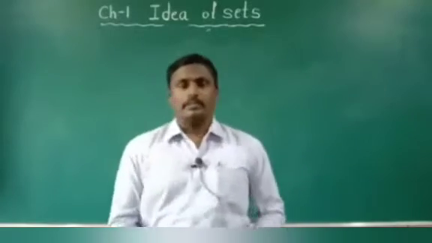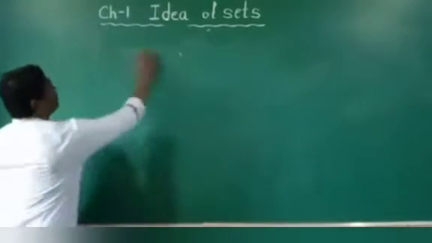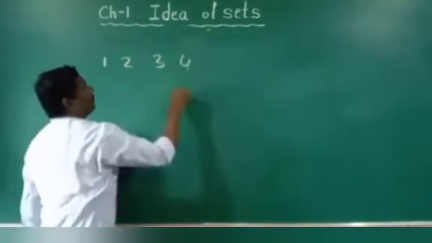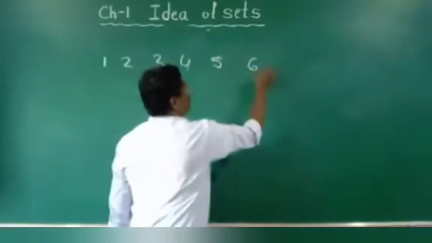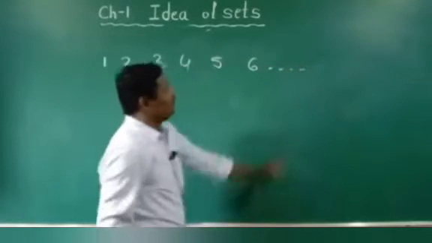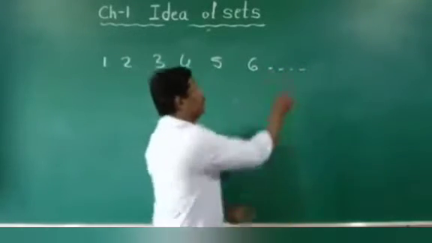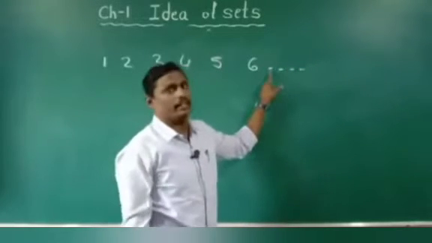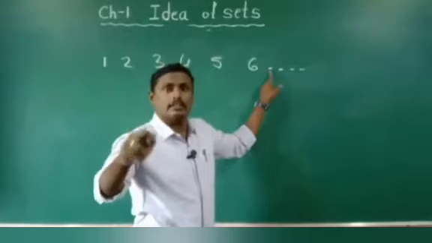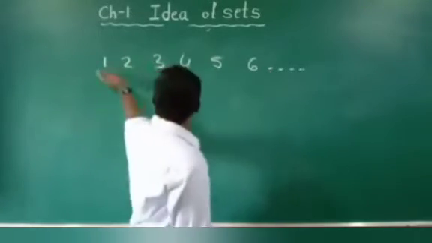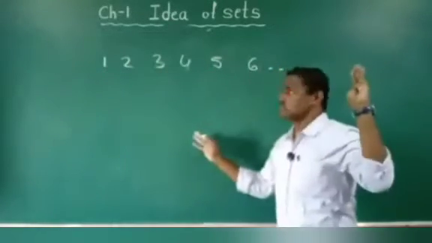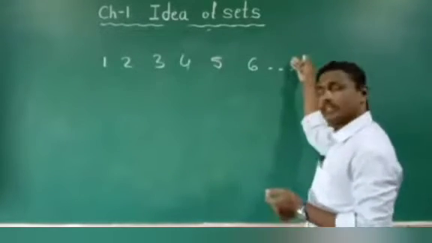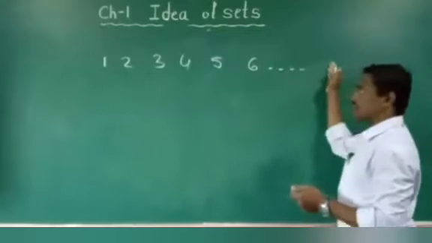Okay. Next, I will take some more examples. 1, 2, 3, 4, 5, 6. Here you are observing that if I put 3 points, these points indicate the numbers are in continuous form. The next numbers are 7, 8, 9, right?